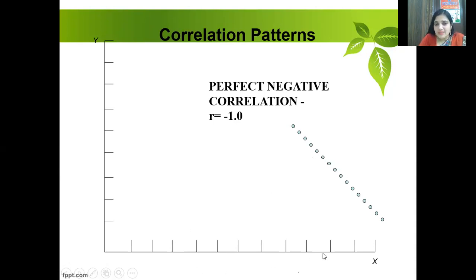With an increase of x, y is decreasing, an opposite relation, right? So that is perfect negative correlation, right? You would never find perfect negative or perfect positive correlation among two variables until and unless we are actually checking the correlation of a variable with itself.